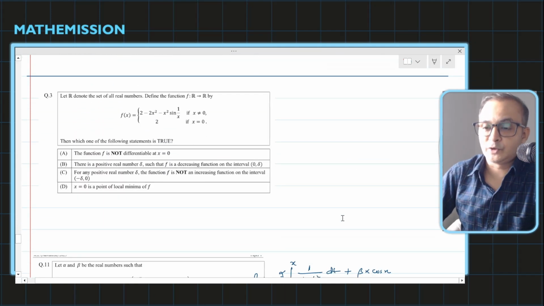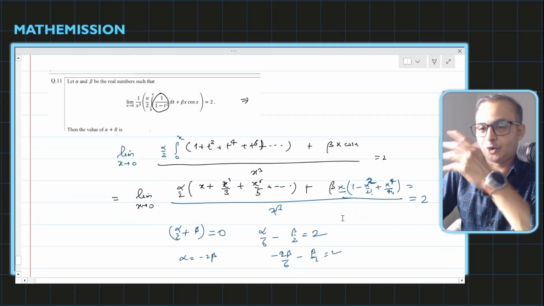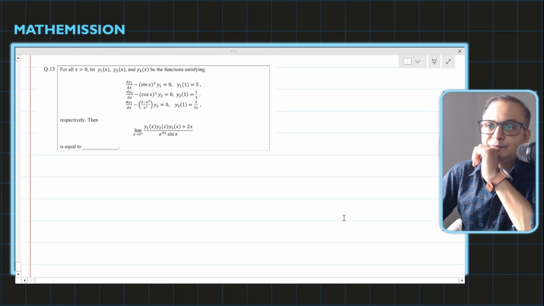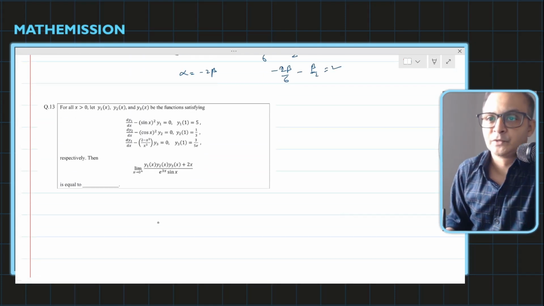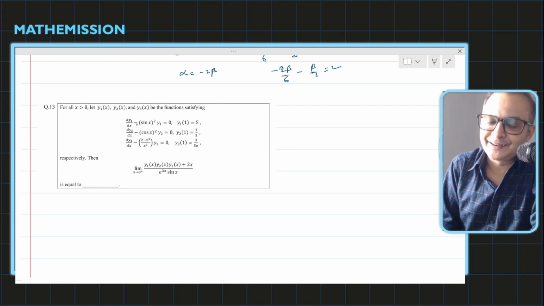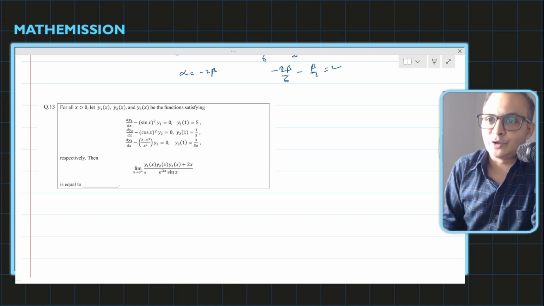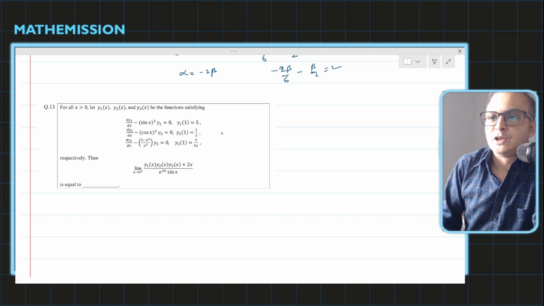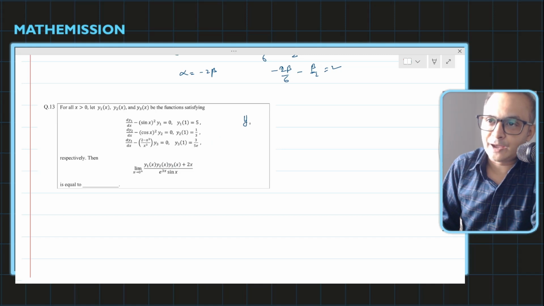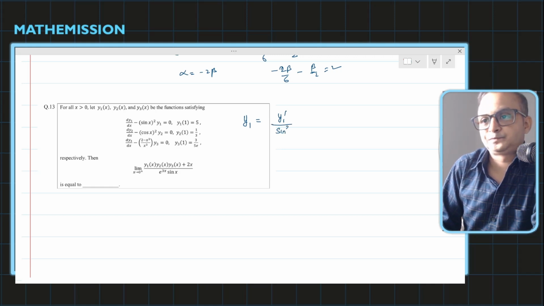I thought for 5 minutes, and then I came to this solution that I'll share. What is given is dy1 by dx minus sin x square y1, right hand side is always 0. And here I have to find the limit for y1 into y2 into y3. So why not find the value of y1 from the first: I will get y1 dash by sin square x.